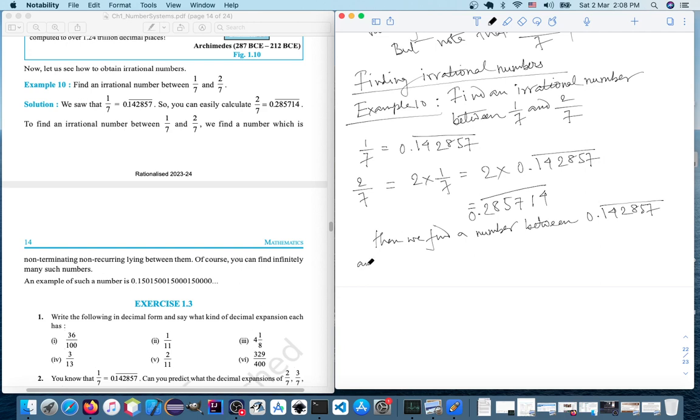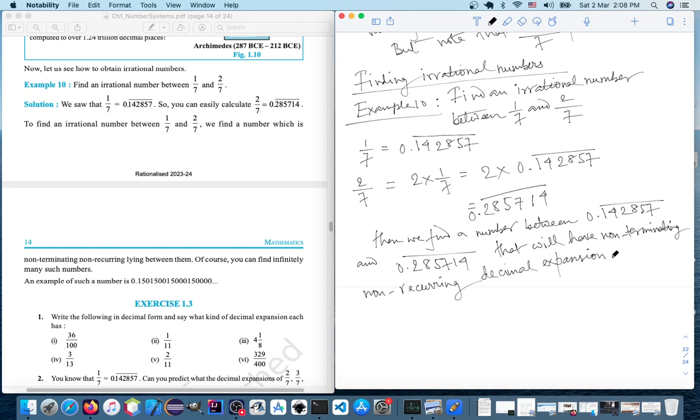So we just have to find a number between this and this that will have a non-terminating, non-recurring decimal expansion.